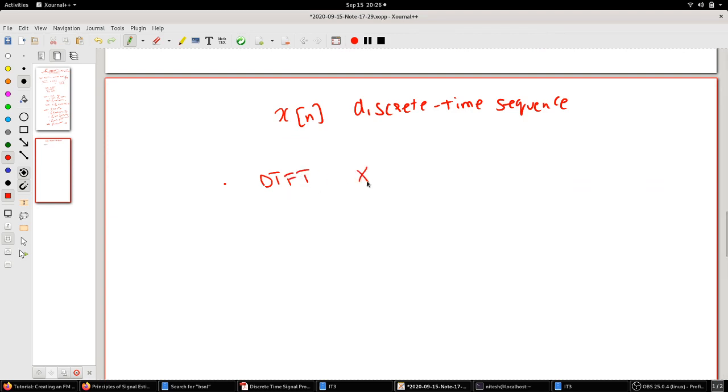The discrete time Fourier transform is given as X of e raised to j omega equal to summation n equal to minus infinity to infinity x of n into e raised to minus j omega n, right? This is also what I have.